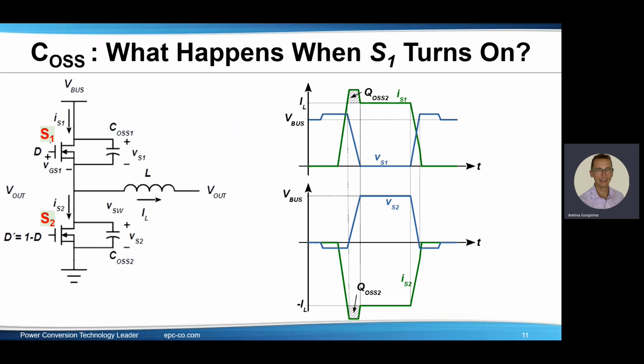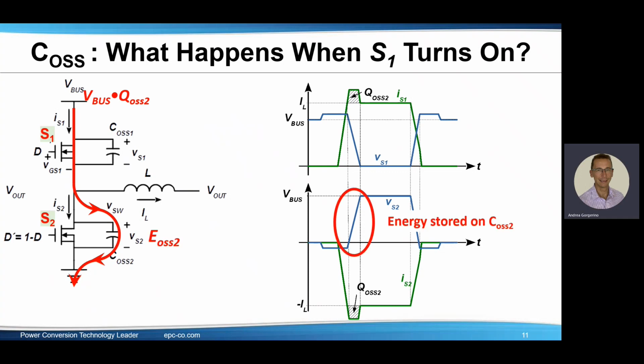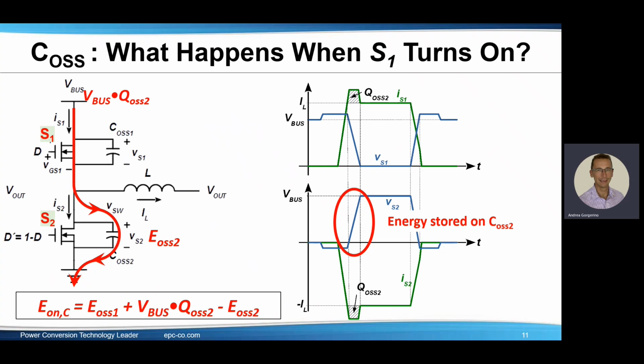But happening at the same time, the switch node voltage is rising, and that is charging COSS2. So this charge comes from the bus, which is V bus times QOSS. And at the end of the turn-on interval, we have the energy stored in COSS, which is EOSS2.